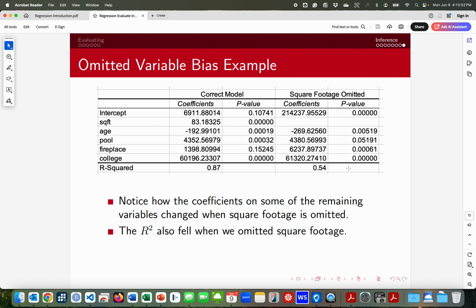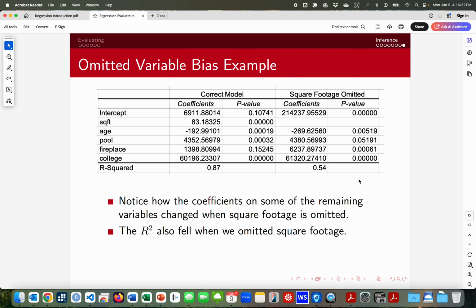So if you add a variable and your other coefficients change dramatically, or you omit a variable and your other coefficients change dramatically, you need to do a little more digging into what the appropriate regression actually is, and whether you believe that variable belongs, or whether you have a sound theoretical reason for why that variable should be omitted.